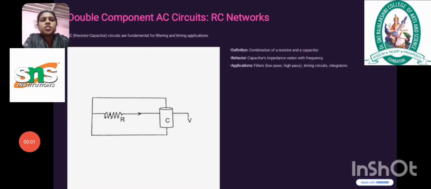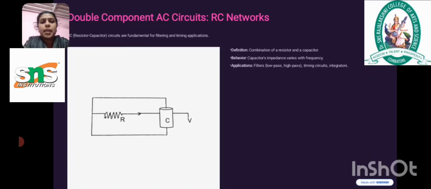And the next, double components of AC circuits in an RC network. A double component AC circuit mostly refers to an RLC circuit, a circuit containing both a resistor and an inductor or capacitor, or a circuit with double combinations of components that have independent vector components.